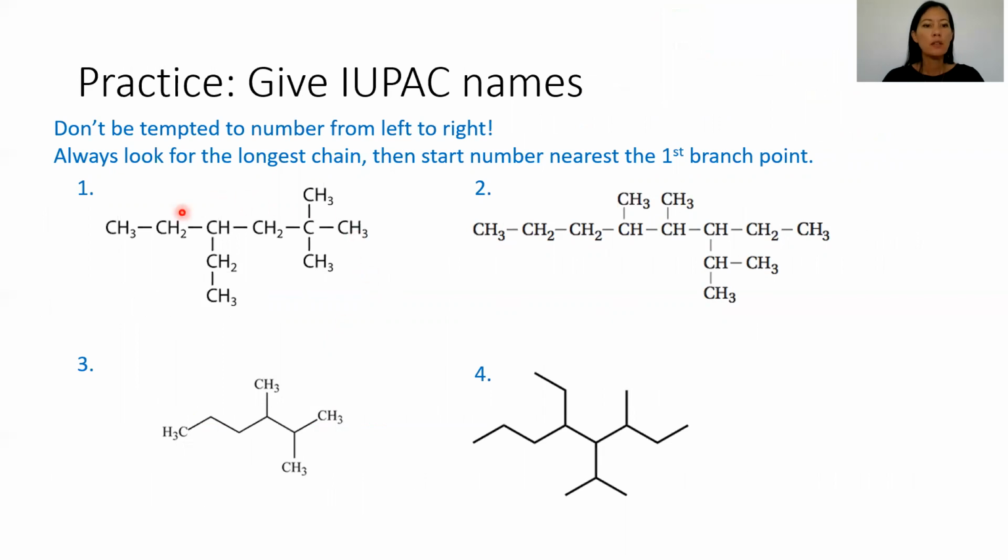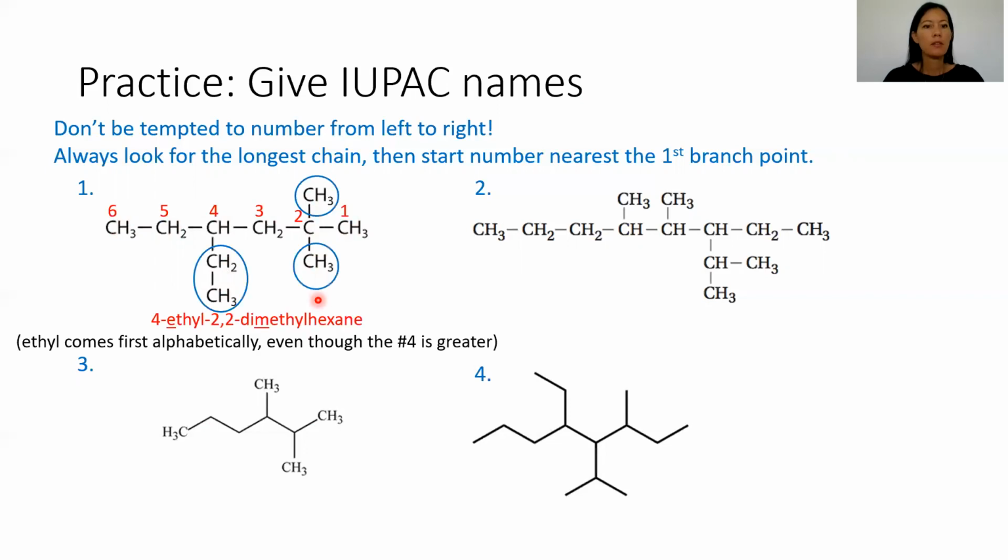Okay, so here, what's the longest chain? There are 2 groups here, there are 2 groups here. So just going across actually is fine. In this case, I can just go across and I have 6 in a row. That's my longest chain. But my nearest branch point is here on the right side. So I'll start numbering from the right. 1, 2, 3, 4, 5, 6.